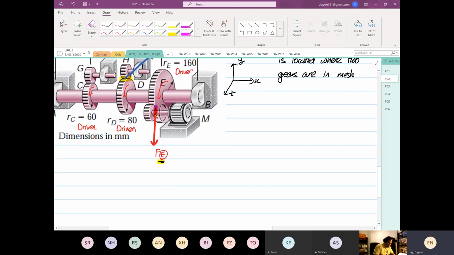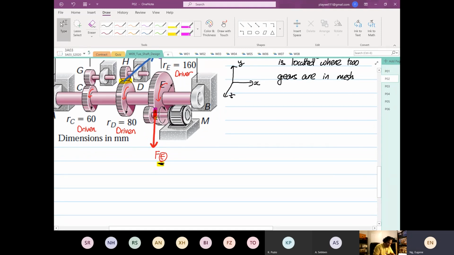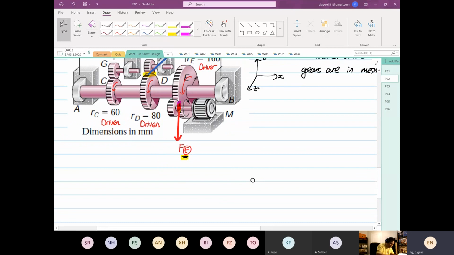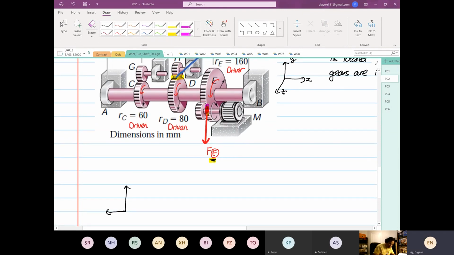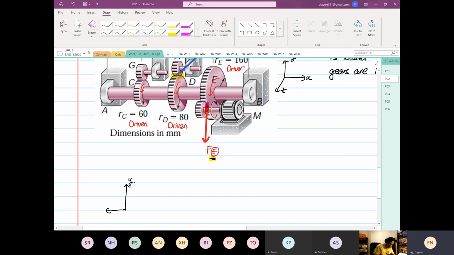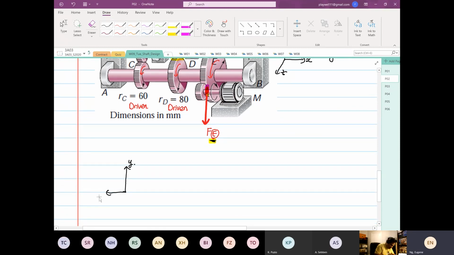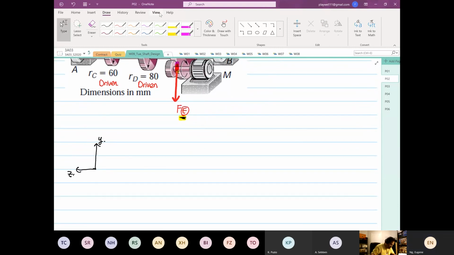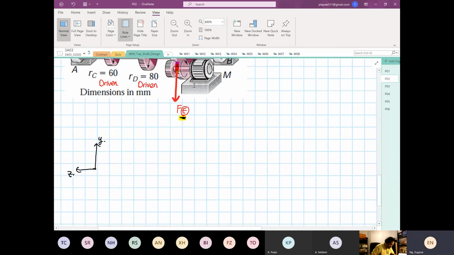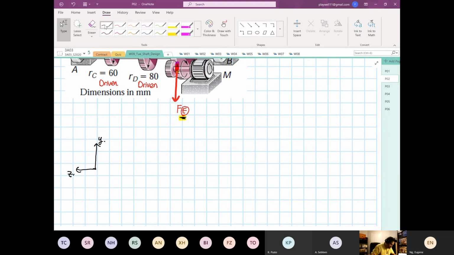Okay, so I'm going to view this in a different orientation now. This is my Y, and then this is my Z. I'm going to draw my first shaft, so that it will be my gear E. I'm going to draw in light because it's not really important.